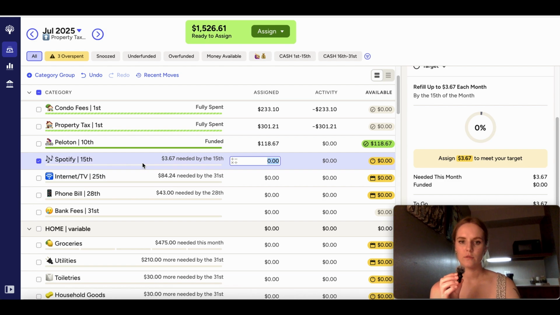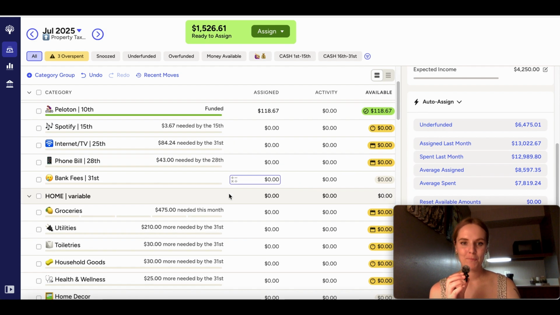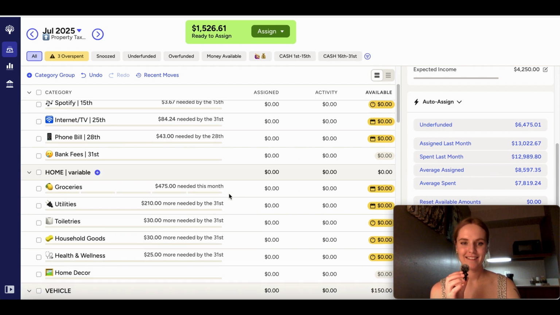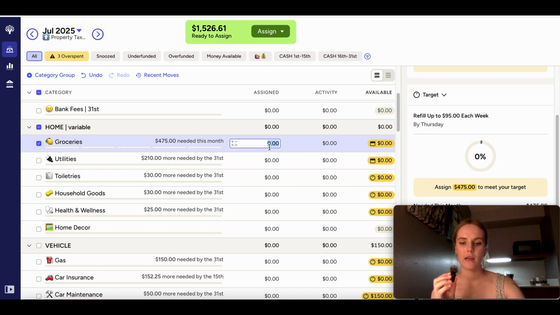Spotify I send to my partner because he's the account holder, so he probably won't hold it against me if I don't send that before my next check here. Groceries, I will need a few days worth by the time I get back from my trip.